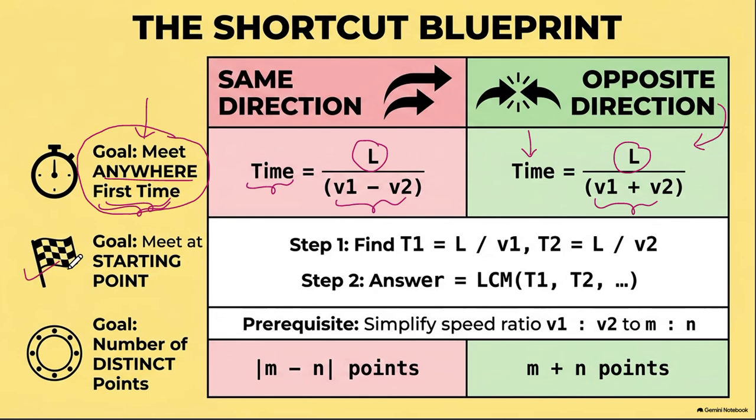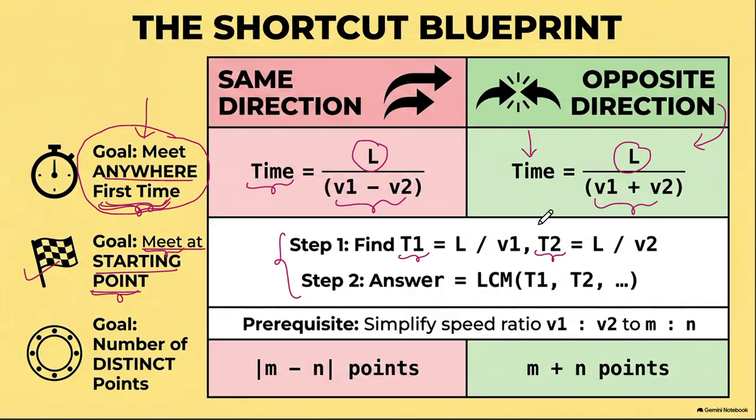The second important short trick is meeting at the starting point. The first was when they meet anywhere for the first time, and the second is meeting at the starting point. At what time will they meet at the starting point? In this case, we first have to find the time for each runner. How many runners are there?